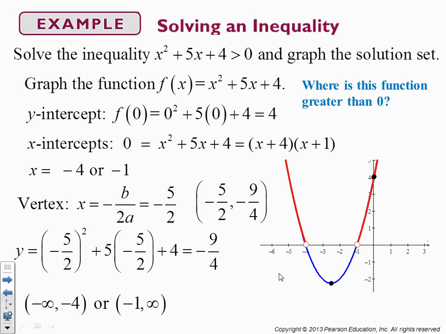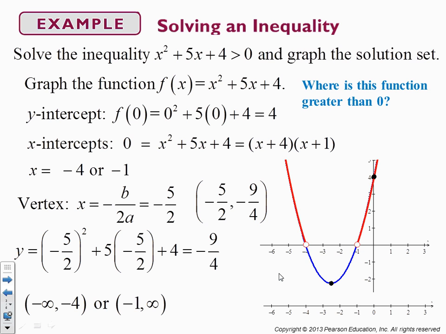Exactly. So our function is greater than 0 from -infinity to -4, and we do a parenthesis and not a bracket because -4 is not included, or from -1 to infinity, and -1 is not included, so it gets a parenthesis. It's to negative infinity?